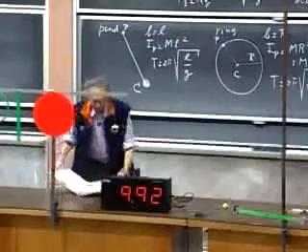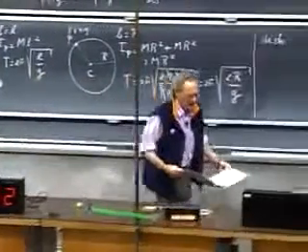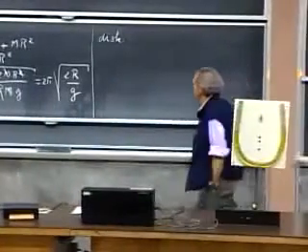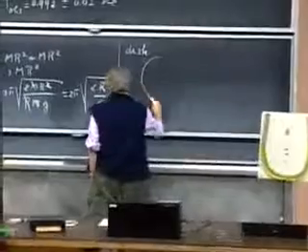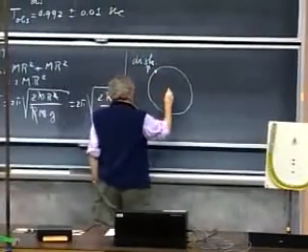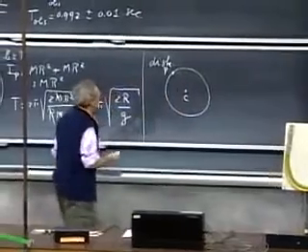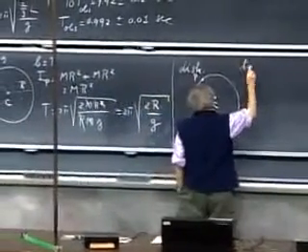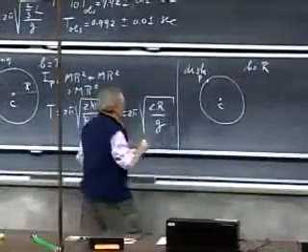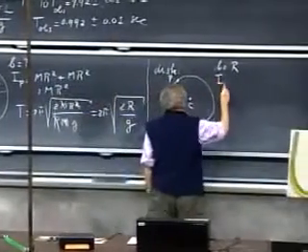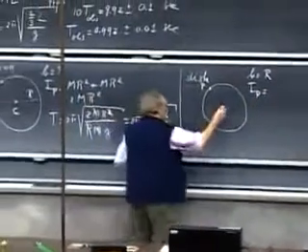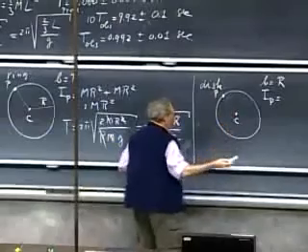For the disk, all we have to do now is calculate the moment of inertia. This was very close to the problem you had on the exam. So here you have the disk, solid disk. This is point P, this is the center of mass, but now it's solid. So again, B is R, the separation between C and P. And the moment of inertia for rotation about point P is now the moment of inertia for rotation about the center of mass, which you look up in a table.